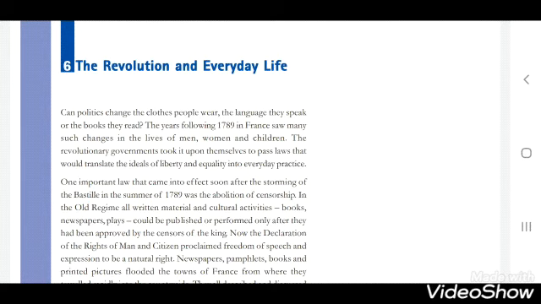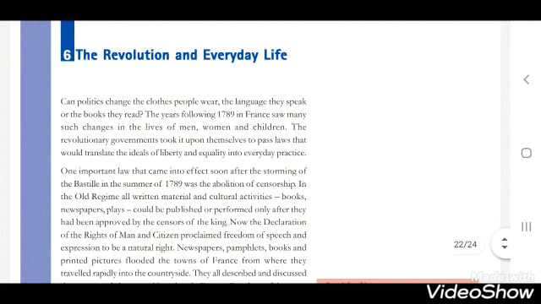Now the next topic is the revolution and everyday life. Here we have seen that the years that followed 1789 in France brought many changes in the government, and these changes also changed the lives of men, women and children during that time. The revolutionary government passed many laws and orders.